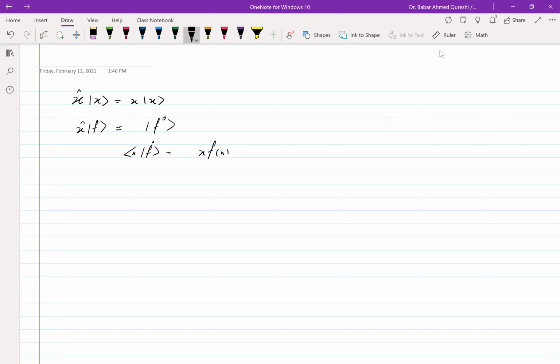So in other words, this is what we proved, that this is just x f of x.